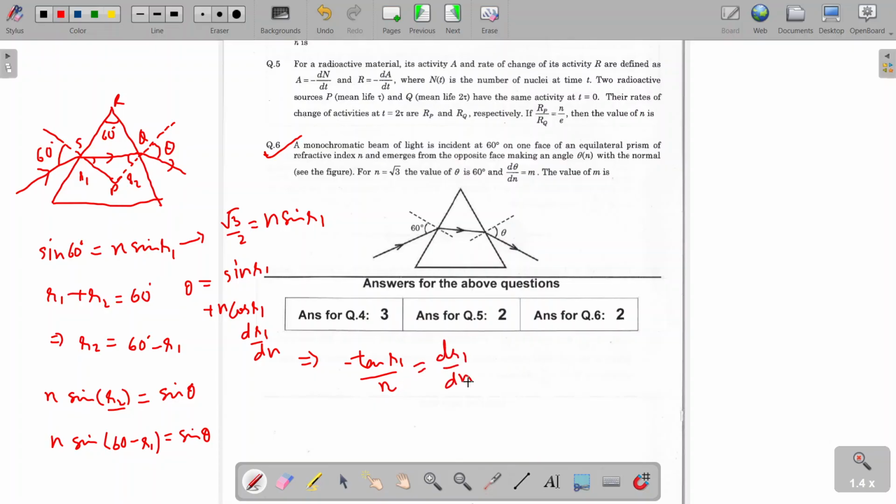So this is one of the relations which we will use, that dr1 upon dn is equal to minus tan r1 by n.